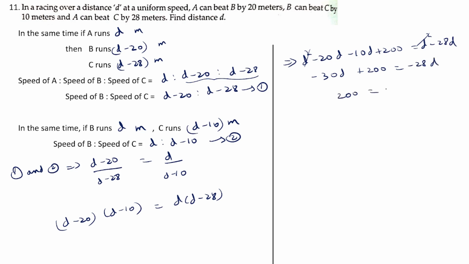If we take this minus 30d to the other side, we get 30d minus 28d, or 200 equal to 2d. From this we get d equal to 200 by 2, which is 100. Therefore d equal to 100 meters.